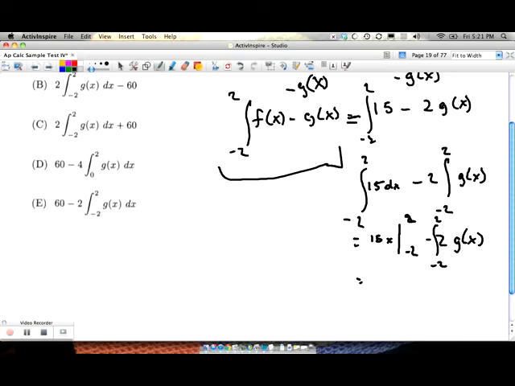So then if I were to plug in this, 15 times 2 is 30, minus 15 times negative 2 is negative 30, so that winds up being 60, minus 2g of x, but the 2g of x is still in the integral from negative 2 to 2. So that's how we get e. So that's the algebraic way. I was thinking about it visually, but that's the algebraic way as well.